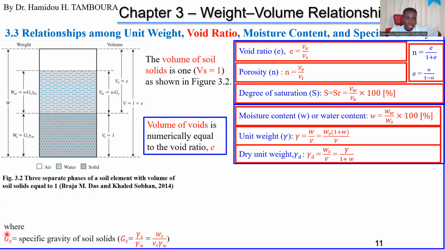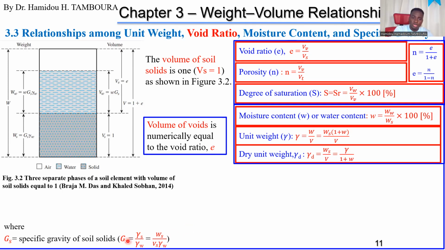Okay, then if we consider specific gravity, we have talked about this in the previous videos. Specific gravity is the gravity of the solid, not the whole soil, divided by the gravity of water. And for this, you can take gravities or weights. You can also say it is the weight of the solid divided by the weight of water.